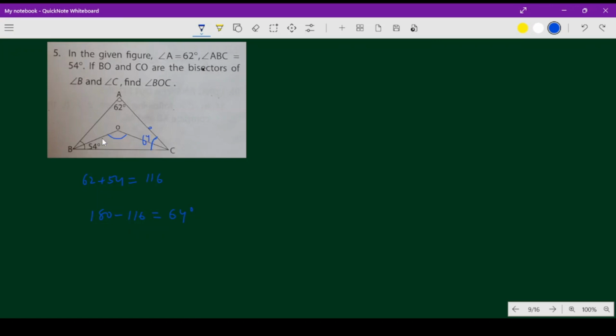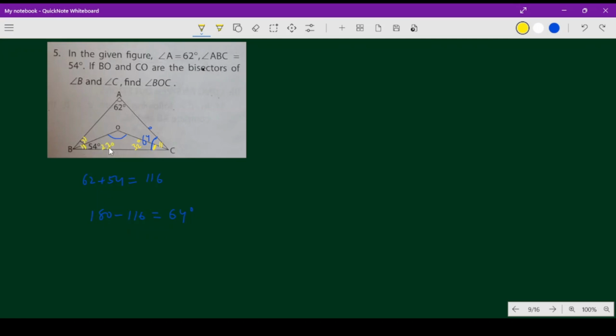Now, as OB and OC are angle bisectors, this angle is equal to this angle, so this is just half of 62. It means this is 31 degree. And this is also an angle bisector, so this equal to this, which means this angle is half of 54, which is 27.